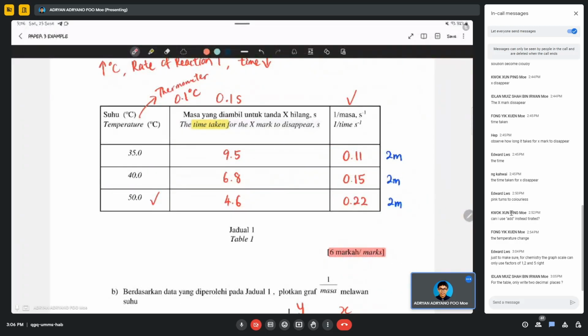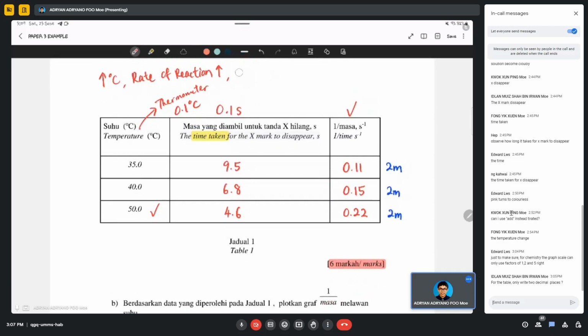So remember, the data in the table must be accurate based on your measuring apparatus. Even when you go to university it's the same concept, based on your measuring apparatus. Okay? So sometimes your stopwatch is not necessarily 0.1, it may be 0.01. That's why I said based on your apparatus. Follow your apparatus smallest value. The smallest value is your standard. Okay? So I think that's about it.